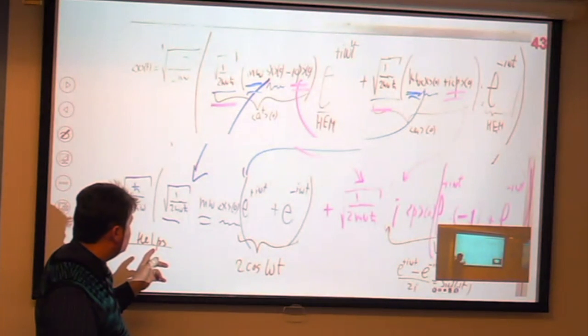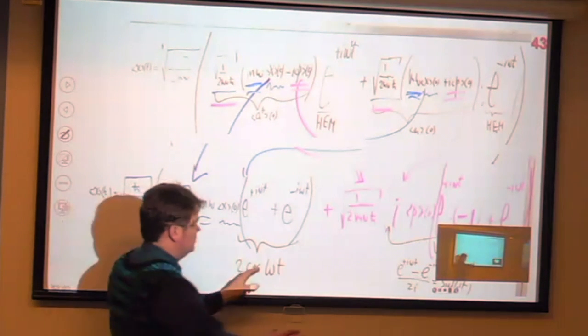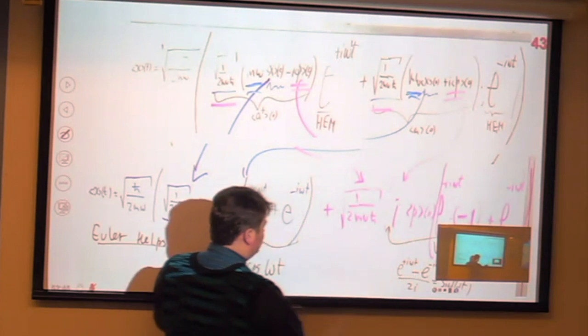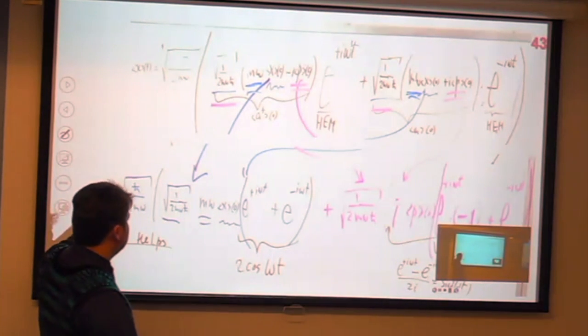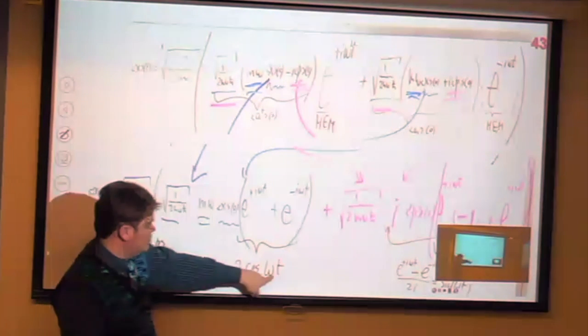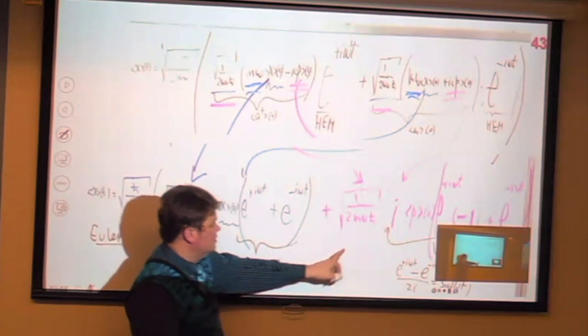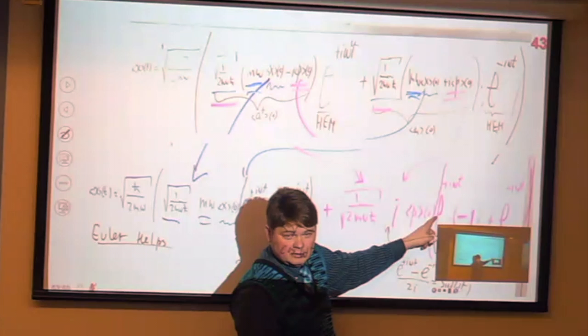So then if you take care of all factors and conversion from complex plane to real, then you'll see that for the position, you get initial position times cosine omega t plus initial momentum times sine omega t.